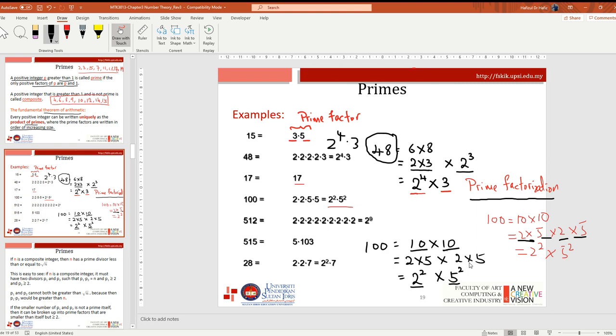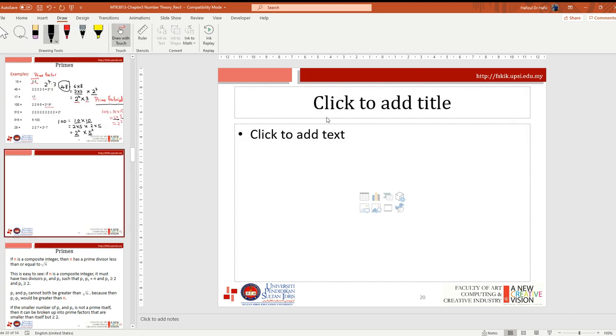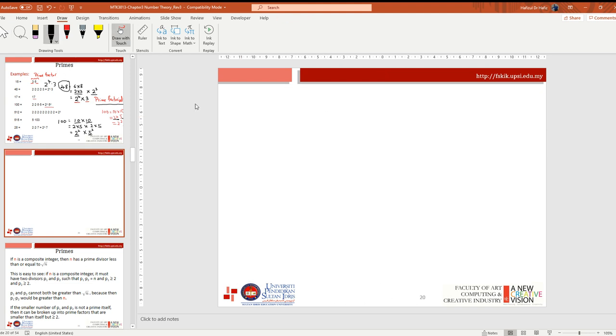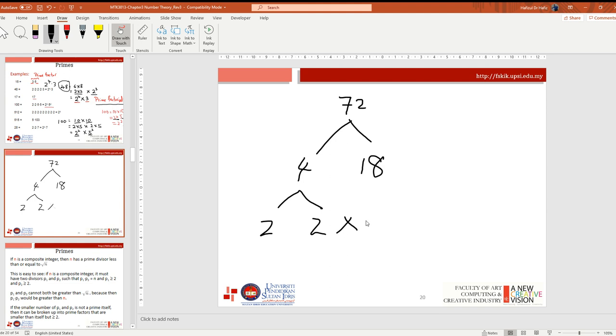For another example, we have 72. We can write 4 multiplied by 18. Then 2 multiplied by 2, and then multiply by 3 multiplied by 6.